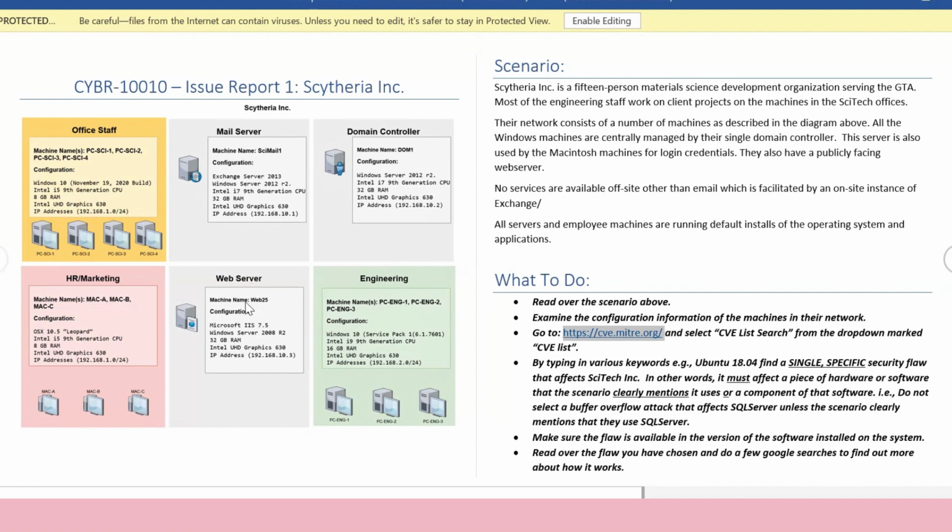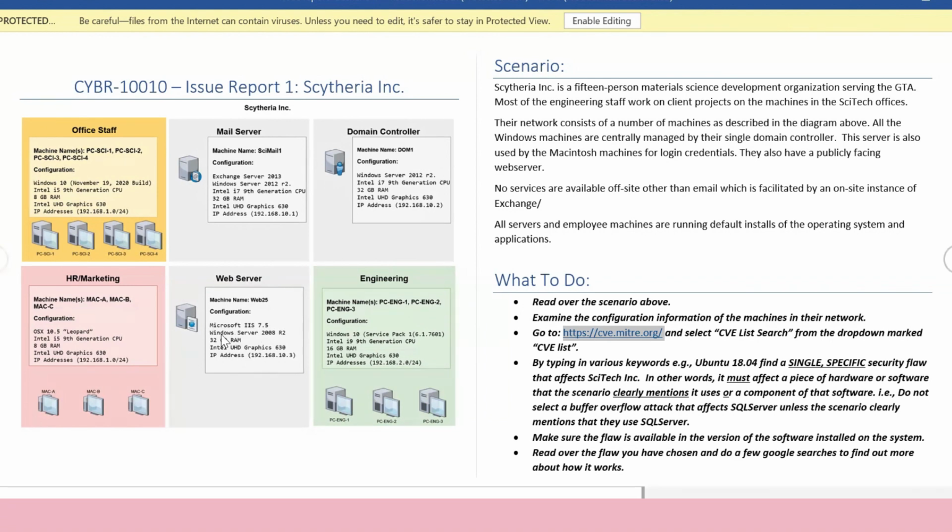So I was saying the web server now. We can see that the name of the web server is Web25, the name assigned to that device. Now we are looking at Microsoft IIS 7.5. So the thing we should be searching is whether there is any reported vulnerability that affects Microsoft IIS 7.5.